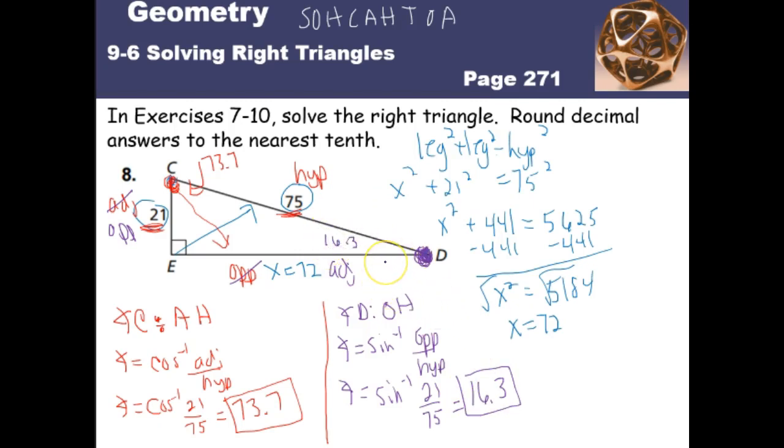And then I'm going to add the 73.7 and the 16.3 and the 90 to make sure I get 180. I'm not going to write it down, I'm just going to do it. Plus 90, and I get 180. So good, it's working. Okay, let's do number 9.